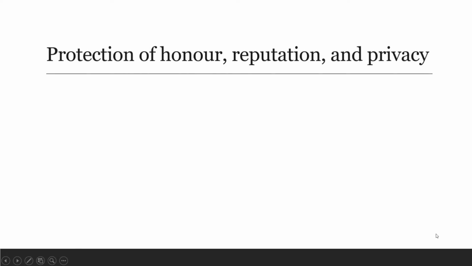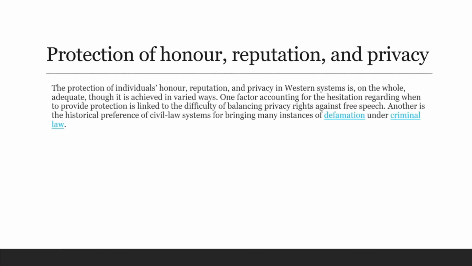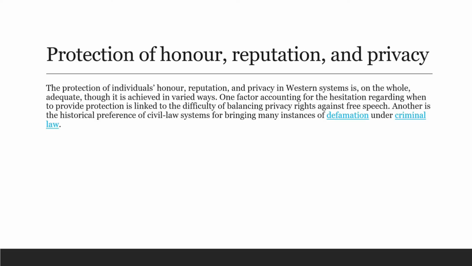Protection of honor, reputation, and privacy. The protection of individuals' honor, reputation, and privacy in Western systems is, on the whole, adequate, though it is achieved in varied ways. One factor accounting for the hesitation regarding when to provide protection is linked to the difficulty of balancing privacy rights against free speech.